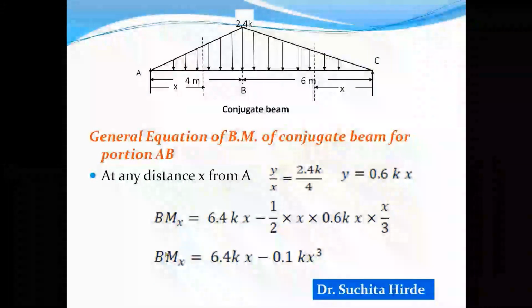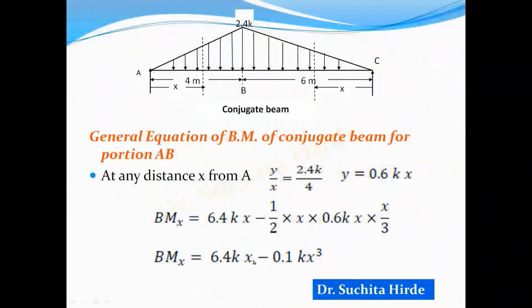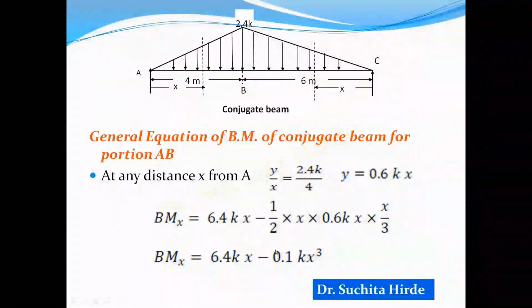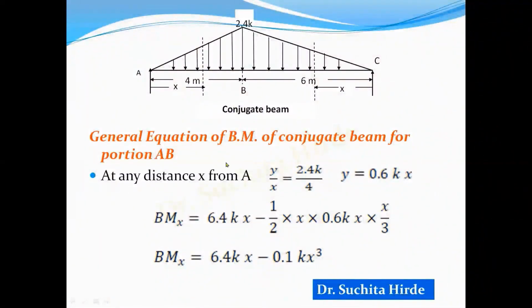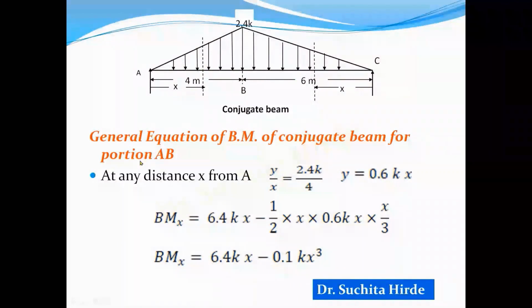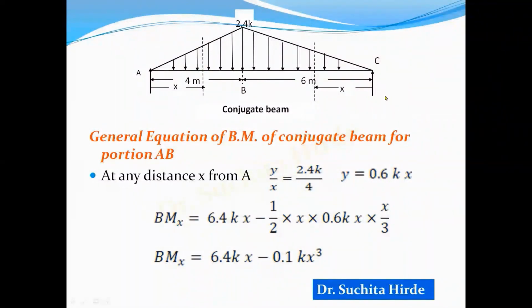So what we get from this equation is the deflection in the original beam due to 1 kilonewton force which is applied at P. Here we have written the general equation of bending moment for portion AB. Similarly, you can write the general equation of bending moment for portion CB.